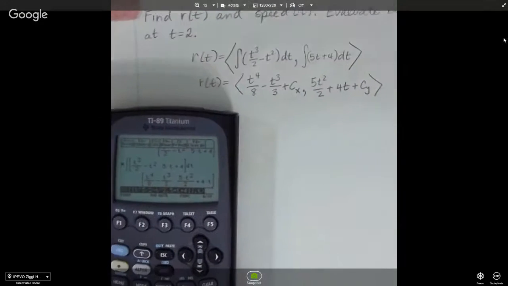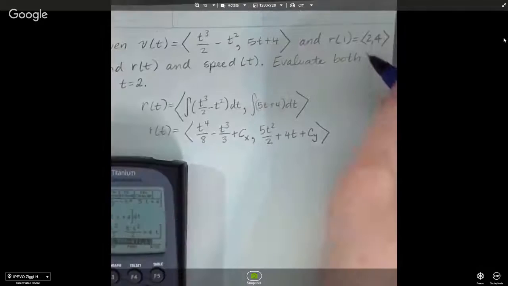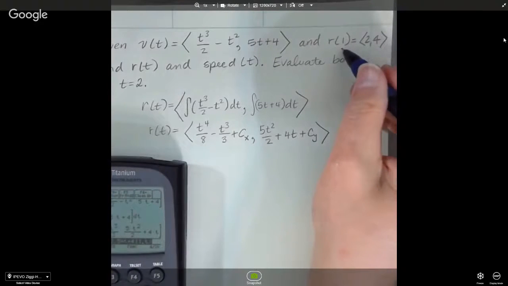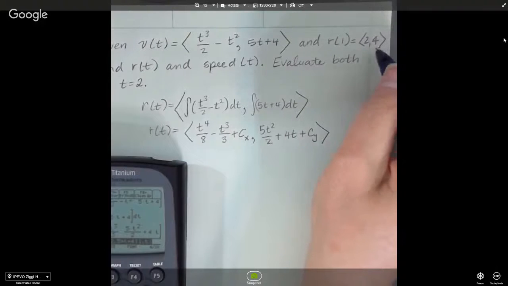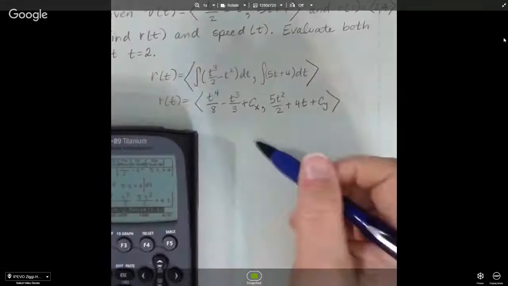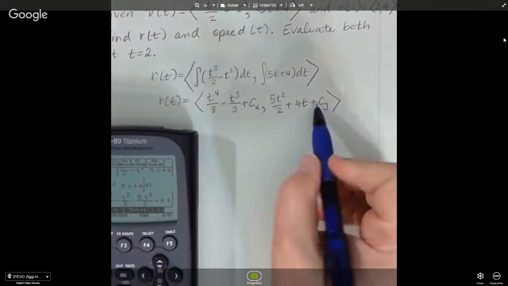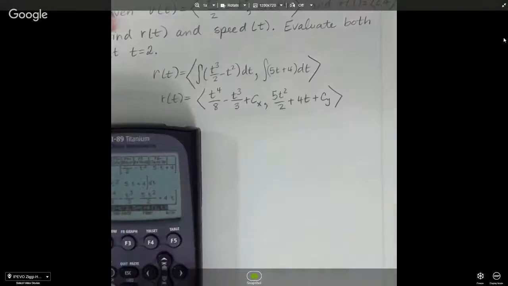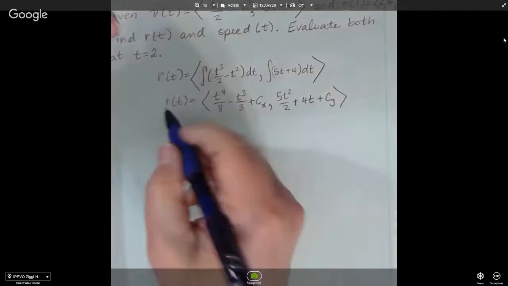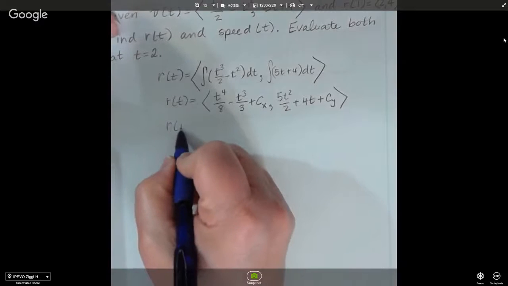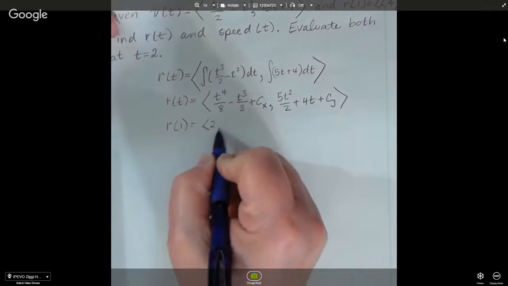Okay? Now, we were given an initial condition here in the problem statement where at time equals 1, our position is 2, comma 4. So I can solve this for c sub x and c sub y, the constants of integration, by saying r of 1 is going to equal 2, comma 4.